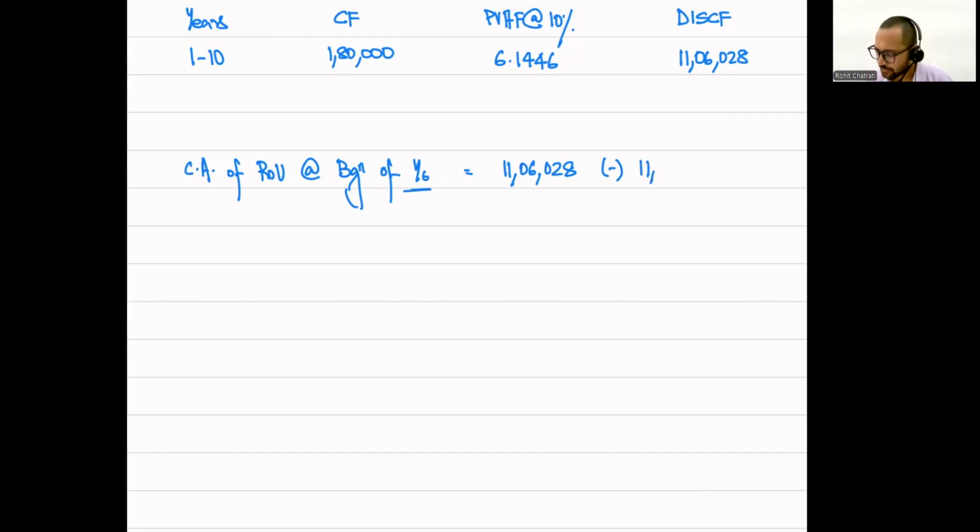So that will be 11,06,028 divided by 10. This gives me the depreciation per annum, multiplied by 5 will give me the depreciation for a period of 5 years, and this carrying amount is going to be equal to 5,53,014. All right, so the carrying amount of ROU asset at the beginning of year 6 is 5,53,014.